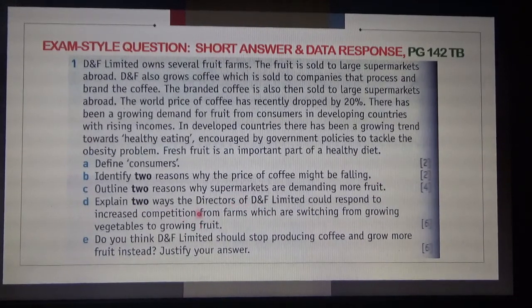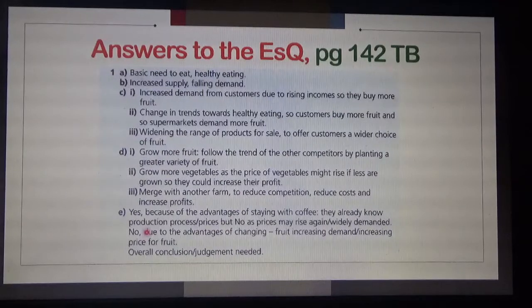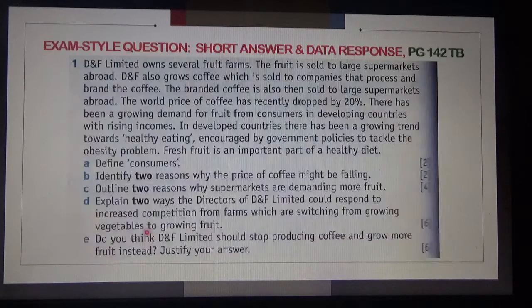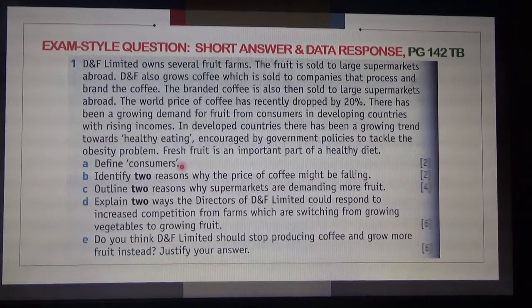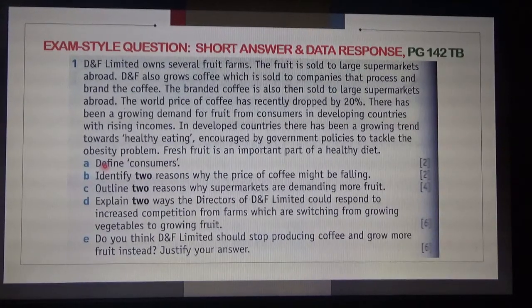Explain 2 ways the directors of DNF Limited could respond to increased competition from farms, which are switching from growing vegetables to growing fruit. Do you think DNF Limited should stop producing coffee and grow more fruits instead? Okay, so here we have basic need to eat and healthy eating, which is not the answer to consumers. I think we have clipped the wrong definition here, but all you have to do is copy the correct consumers definition from your book or from the past slides.